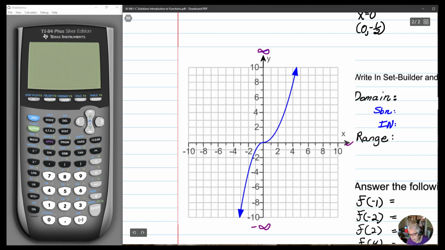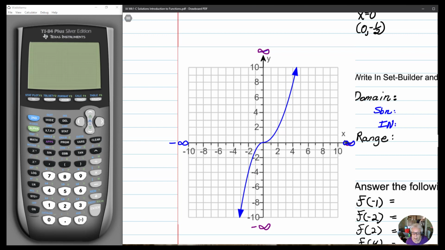Positive infinity is over here. Negative infinity is over here. The x and the y axes are both number lines that go from negative infinity to positive infinity.